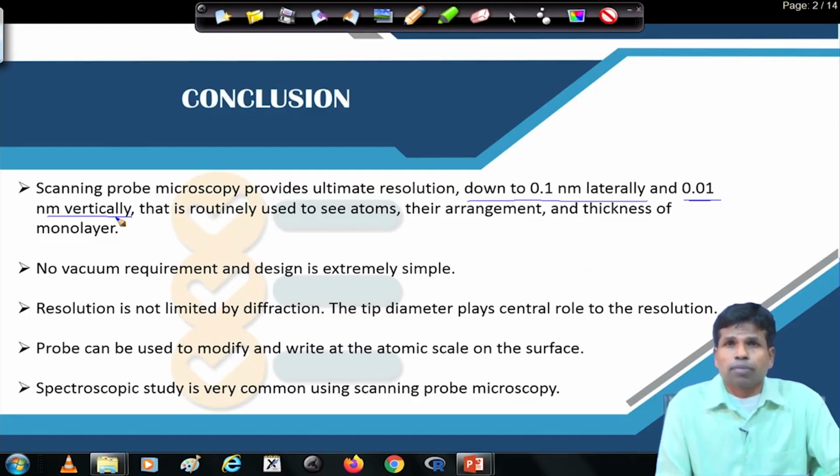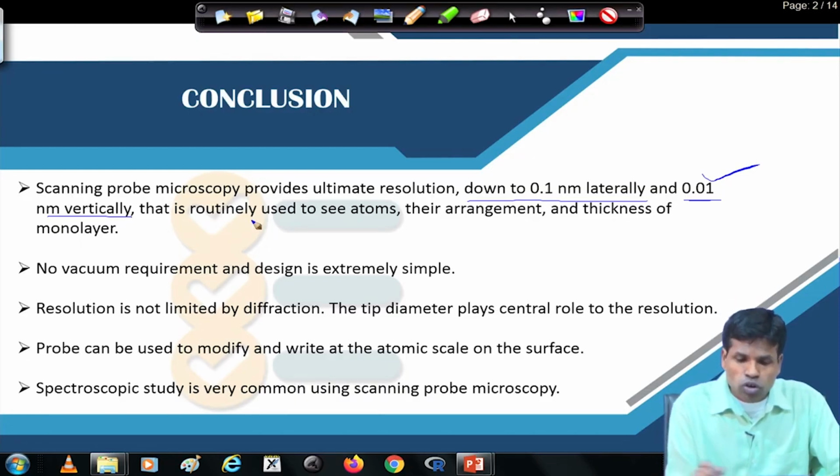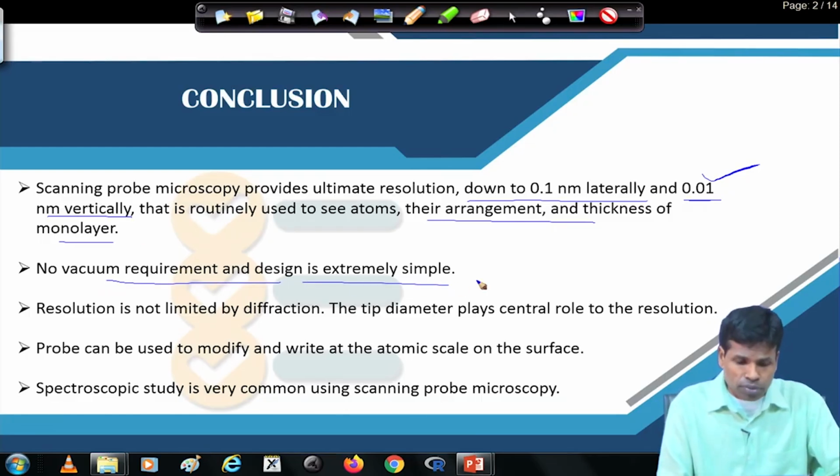But scanning probe techniques provide the vertical or depth resolution, not only providing depth or thickness quantitatively, but also with a resolution unmatched by any other technique. It is used routinely to see atoms, their arrangements, and the thickness of monolayers, bilayers, etc. There is no vacuum requirement and the design is extremely simple.